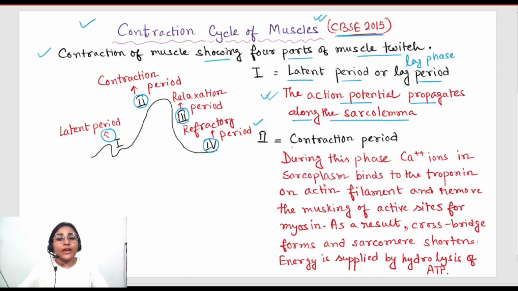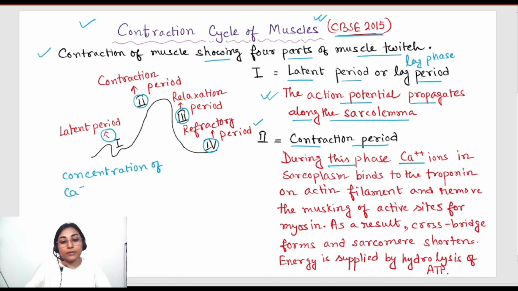Second phase is the contraction period. That means here the muscle contracts. During this phase, the concentration of calcium ion is very important. Calcium ion is very important for muscle contraction.